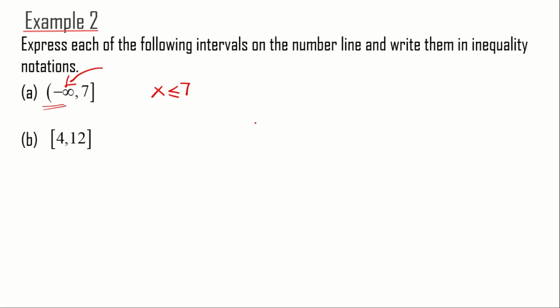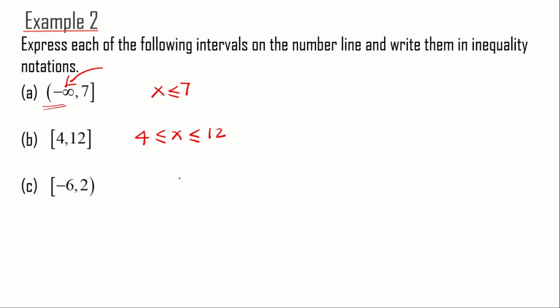The next one here we have the closed interval from 4 to 12. So x is a value between 4 and 12, where x is greater than or equal to 4 and less than or equal to 12. Okay, the next one we have here is from -6 to 2. So please be careful with the notation of the brackets.